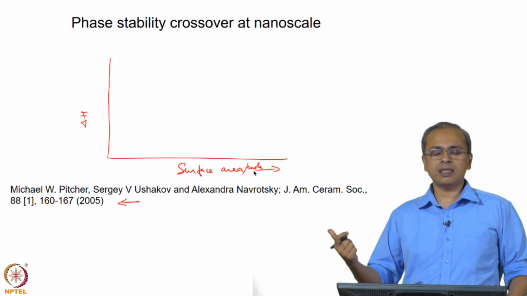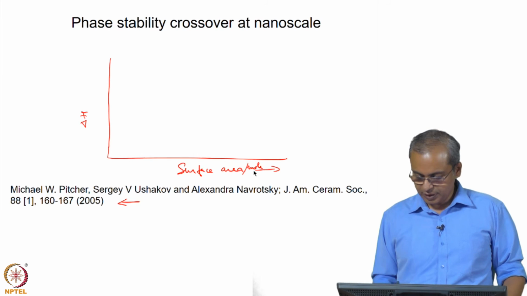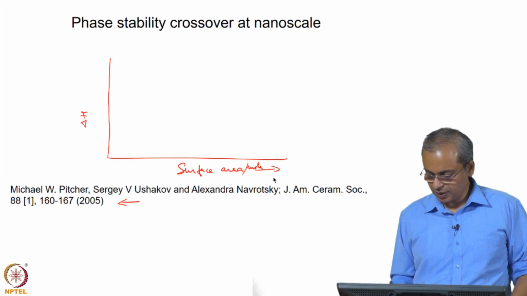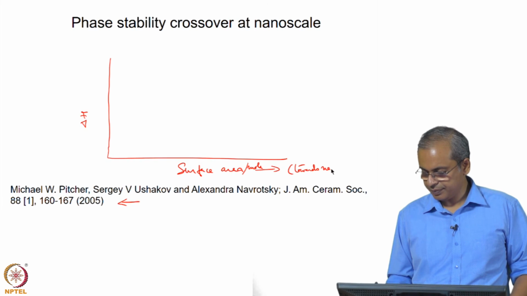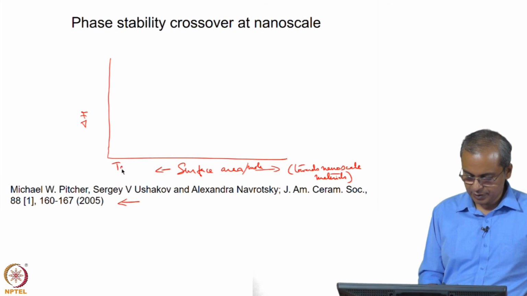Increasing surface area means you are going to smaller and smaller crystal size. So, this means you are going towards nanoscale, and this side is towards macro scale materials.